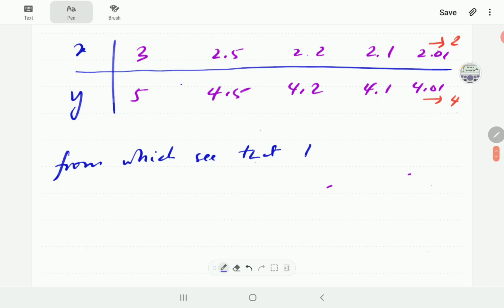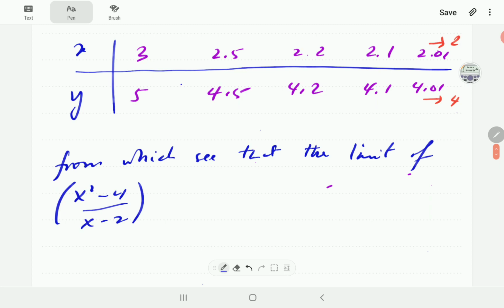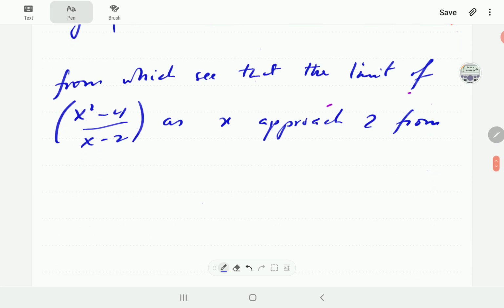So we see that the limit of x squared minus 4 over x minus 2 as x approaches 2 from the right, this value again is equal to 4.